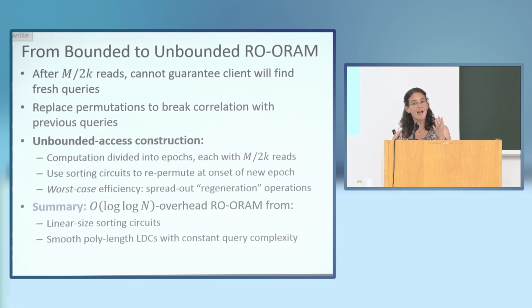This is why we get n to the epsilon write overhead. And the second thing, which I think is really nice, is we're using a stronger primitive than in hierarchical ORAM, a read-only ORAM in the levels instead of hash tables. This means that reads are for free. So you don't count reads in the number of operations you perform towards reshuffle.